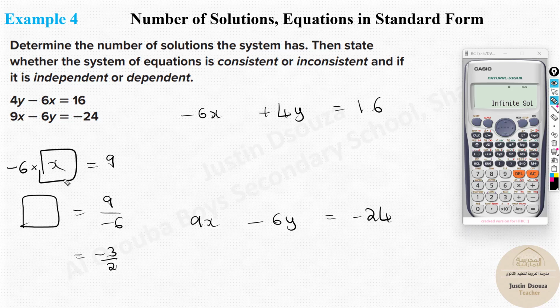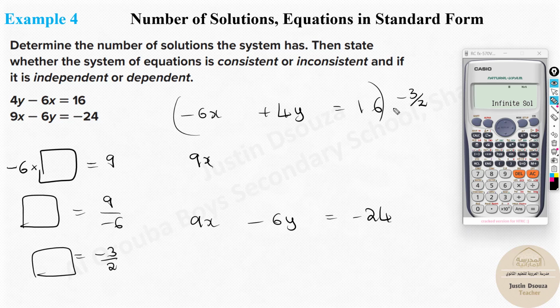Now, if you consider this some number as x, over here we would get x is equal to negative 3 by 2. But I'm not writing x since we have x and y. So this unknown number is basically negative 3 by 2. So all you do is multiply negative 3 by 2 throughout. Now we know when you multiply negative 3 by 2, it must be 9. That's how we got it already. So the first term is equated.